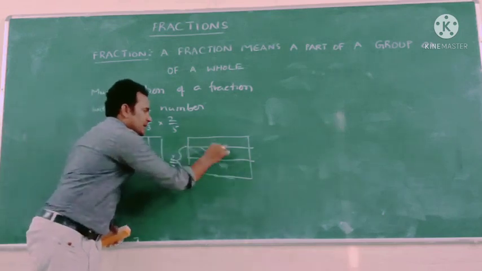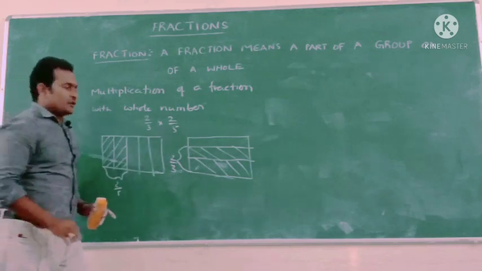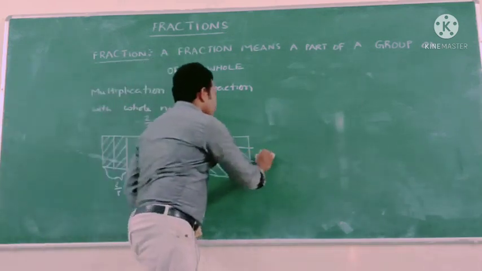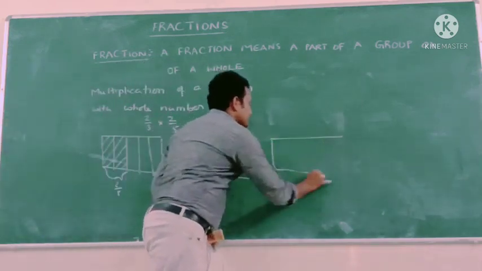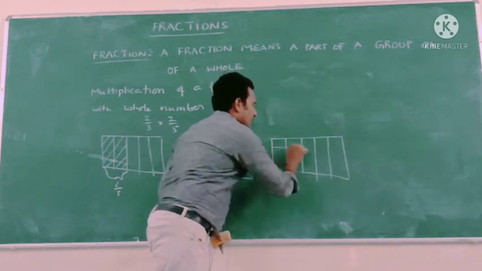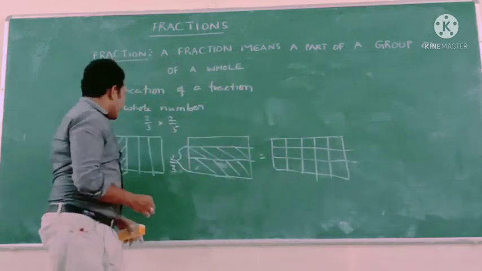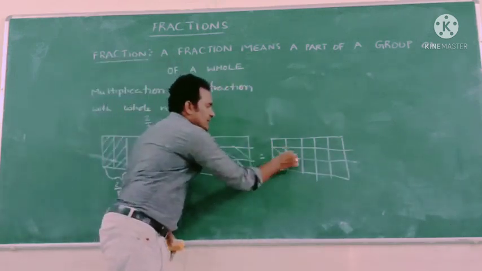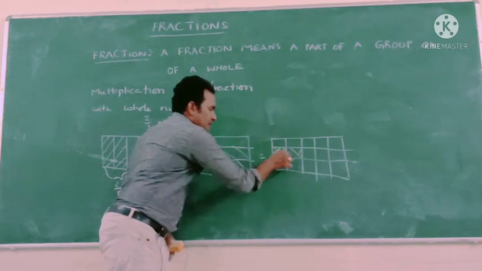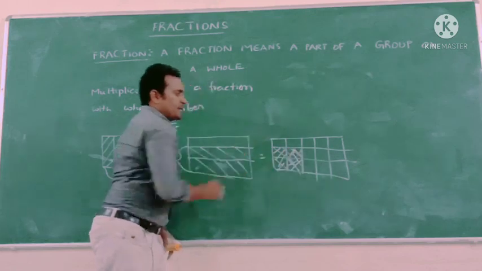Again I am shading in this way. So if you multiply these two, you will get 4 by 15. 4 by 15 means these two parts, these two horizontal and vertical shaded parts.